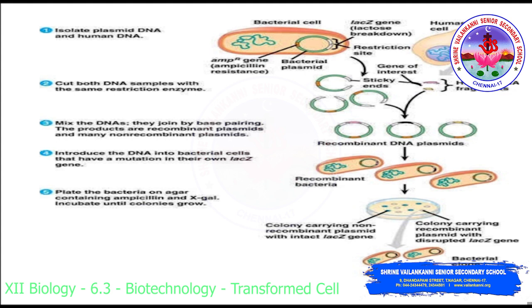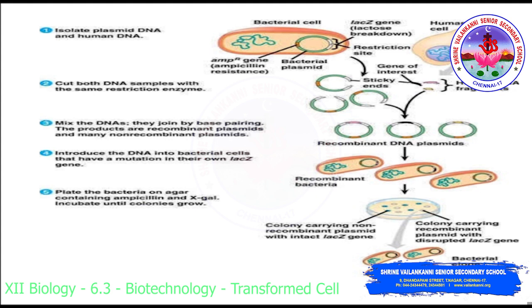The second step is to cut both DNA samples with the same restriction enzyme. A restriction enzyme acts as a molecular scissor, so we can cut the DNA samples with its help and take out the gene of interest.